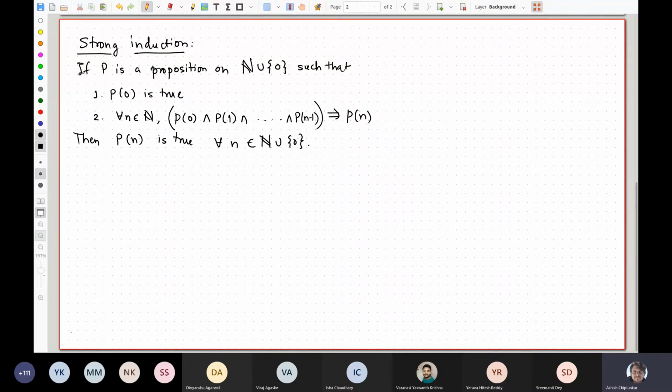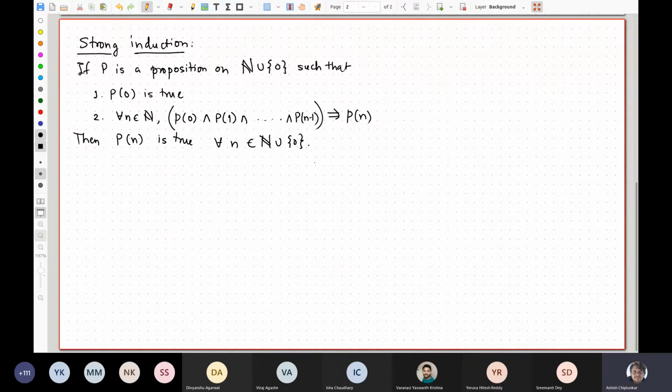And now suppose we also are able to prove that if all the previous statements, all the statements before the nth statement, are true, then the nth statement is also true. So if these two conditions hold, then the claim is that Pn is true for all n.